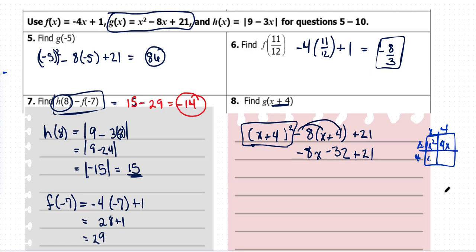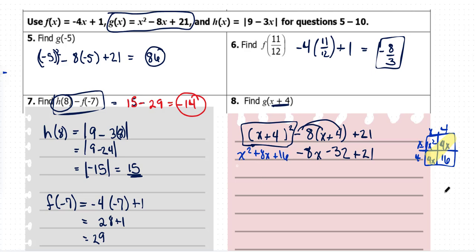X times 4 is 4x. 4 times 4 is 16. And so we go ahead and combine like terms. And when you combine like terms, this diagonal right here tends to always combine. So we have x squared plus 8x plus 16.